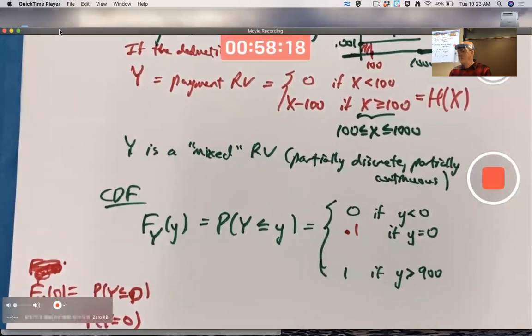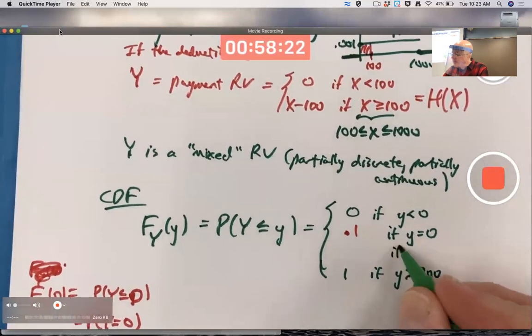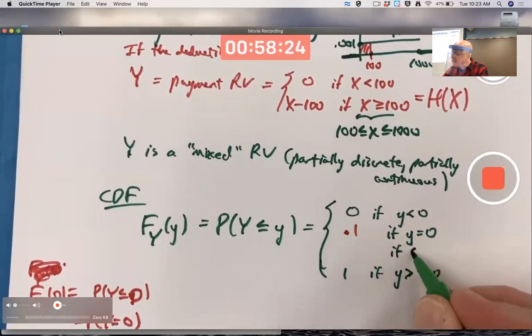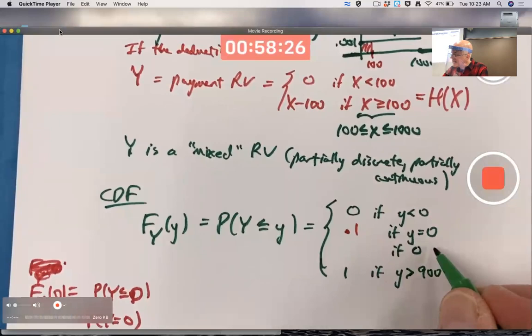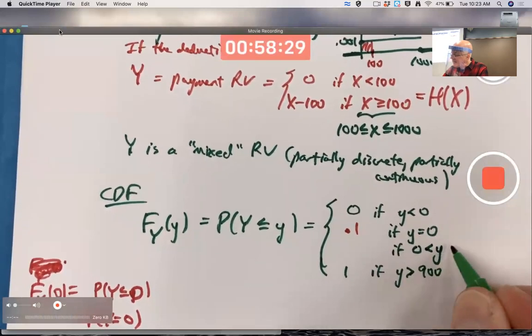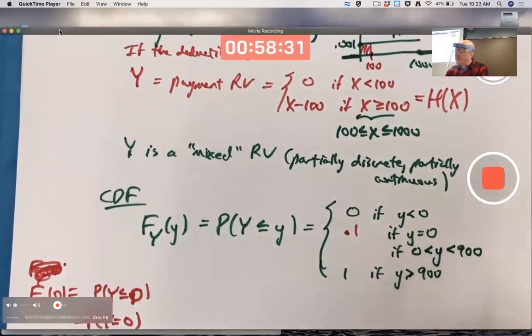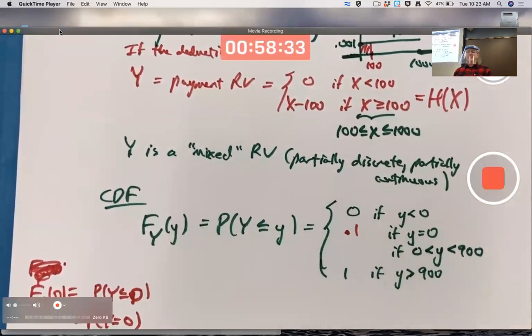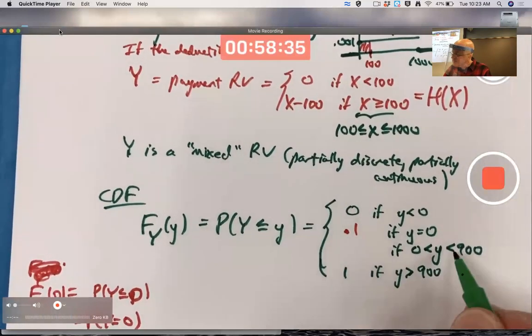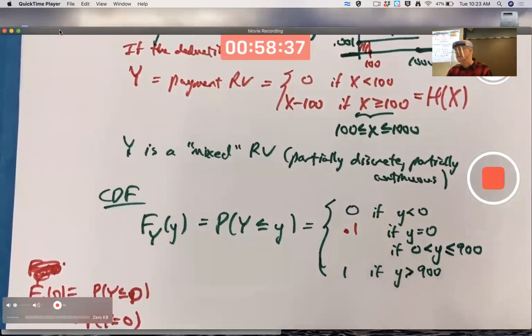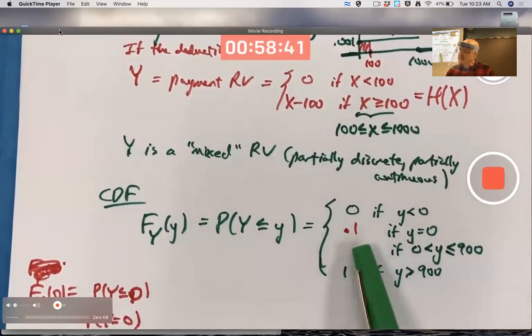I actually could mix case 2 and case 3 here, but I wanted to emphasize the jump discontinuity at 0. The formula for case 3, when y is strictly between 0 and 900, I can include 900 in this, will be consistent with this equaling 0.1 when y is 0.